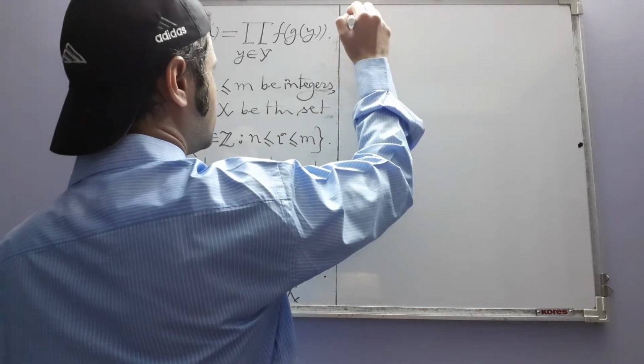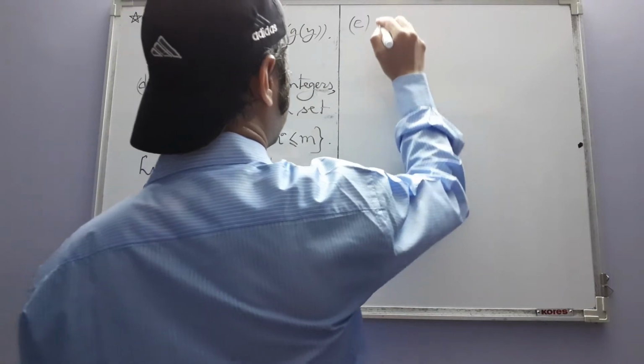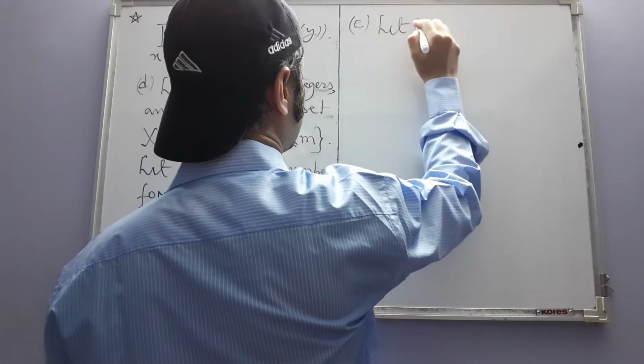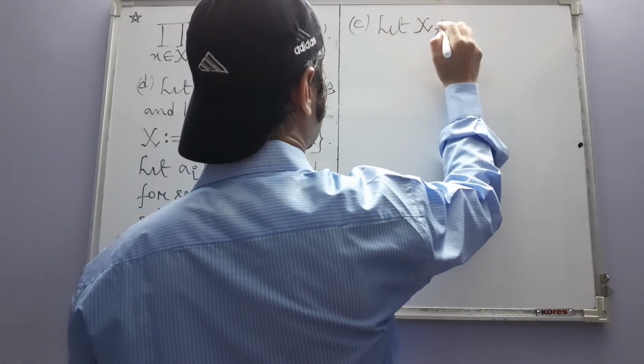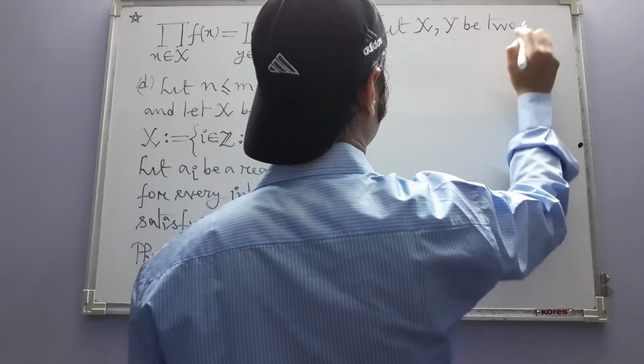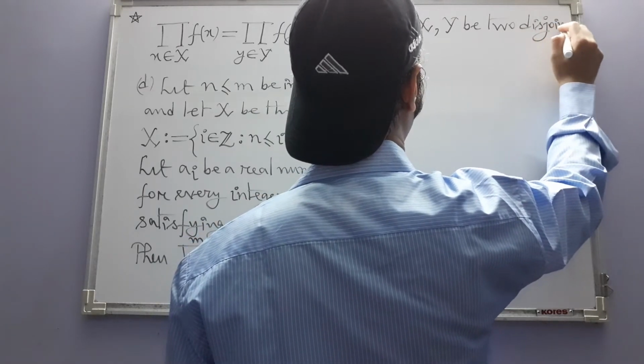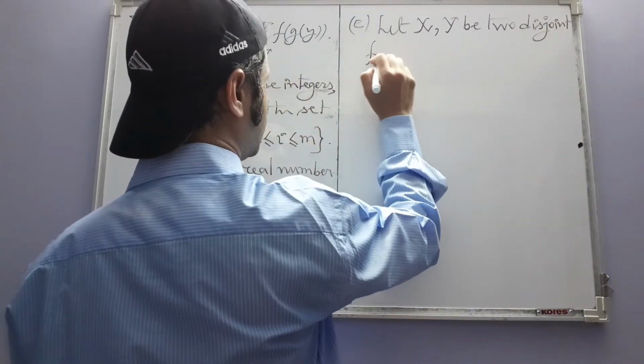E. In part E we have what? Okay, this one. Let X, Y be two disjoint finite sets.